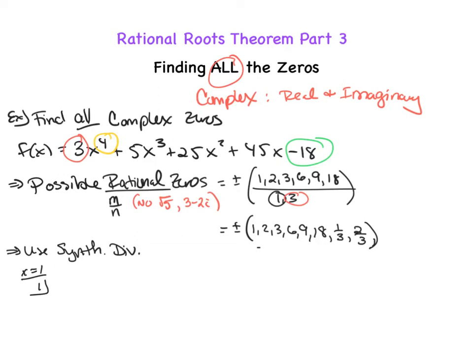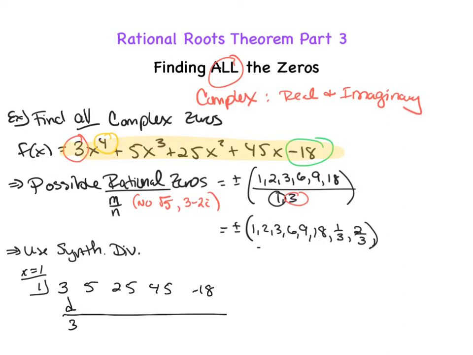So we're going to guess x equals 1, and we're going to put 1 in the synthetic division box. Next to 1, we're going to list all of the coefficients from our polynomial. So that will look like 3, 5, 25, 45, negative 18. I'm going to go through the synthetic division fairly quickly because by now you've seen this a bunch of times.